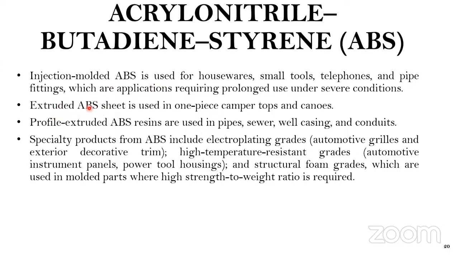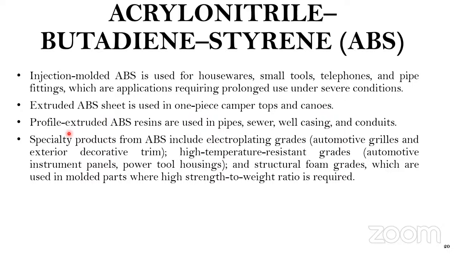Then we have extruded ABS sheet, which is also available in the market, and is used in one-piece camper tops or cans. Then we have profile extruded ABS resin that you use for pipes, sewage pipes, well casing, or conduit. These are for pipelines. You know, pipes we manufacture from extrusion only.